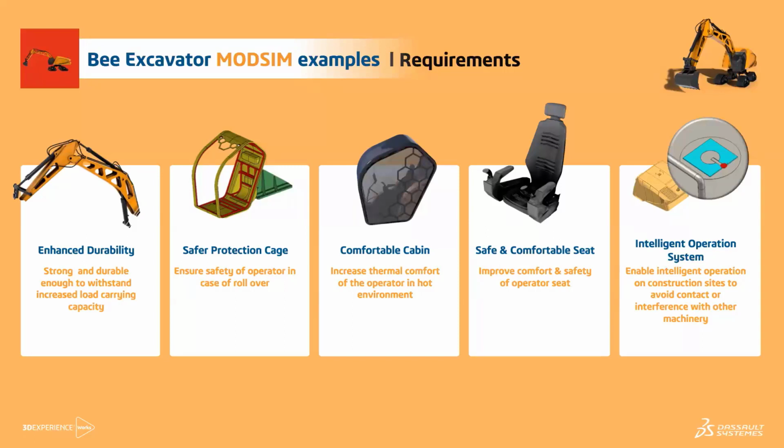Then we have a second challenge, which is a little bit different, which is the safety protection cage challenge. This challenge is not a performance challenge. We could say it's a security challenge, but more generally speaking, it's a regulation challenge. By regulation, I mean the company designing this type of equipment will have to pass this test.